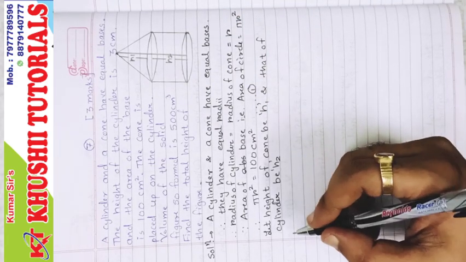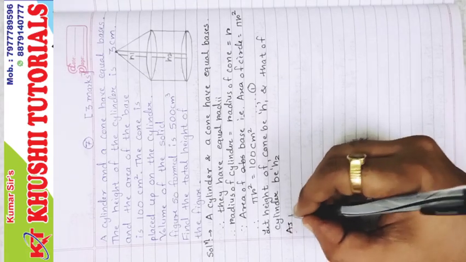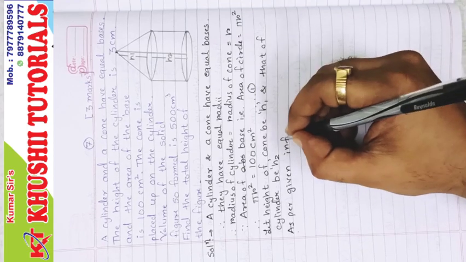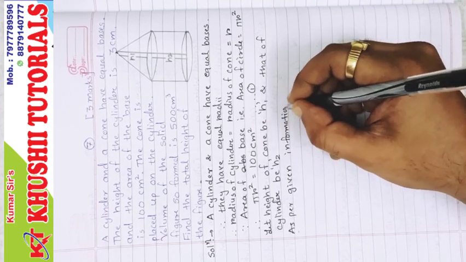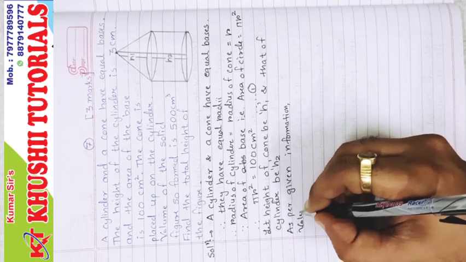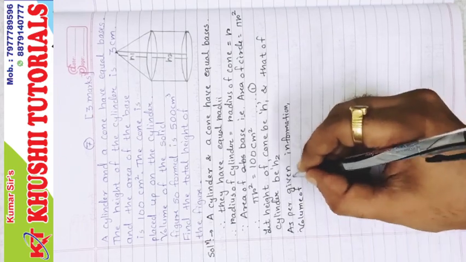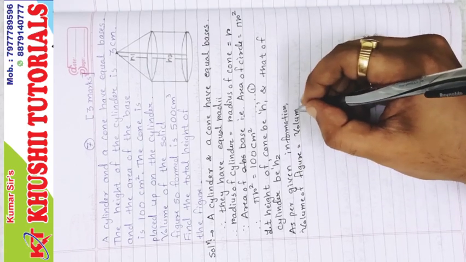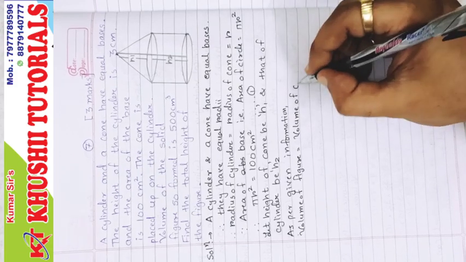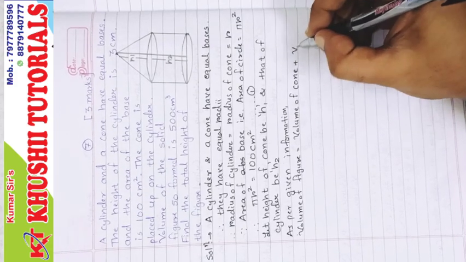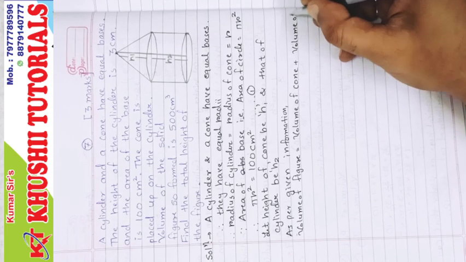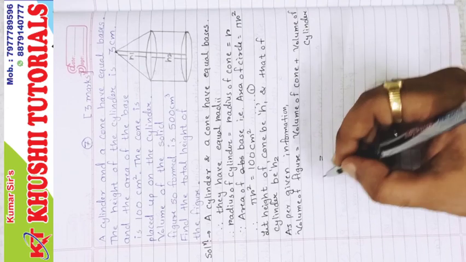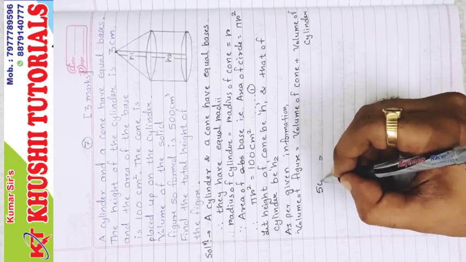So as per given information, volume of figure equal to volume of cone plus volume of cylinder. Volume of figure is given 500.